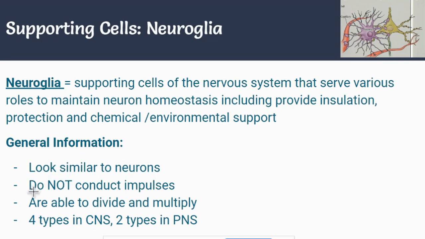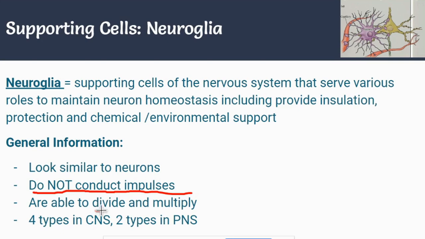This is big. They do not conduct impulses. So the neurons are the ones sending signals from your brain to the spinal cord to the rest of your body. They're sending electrochemical signals. Glial cells are not doing this. They're just supporting the neurons. The neurons are what send the signals. Glial cells are just supporting them.